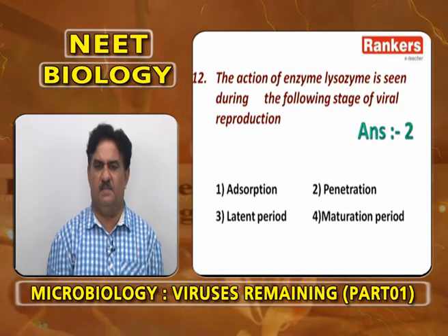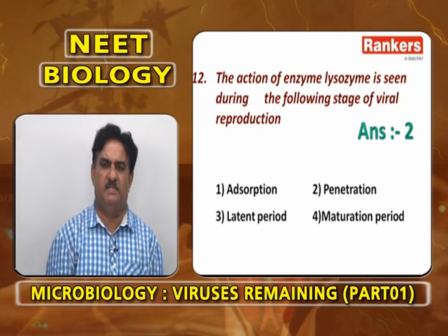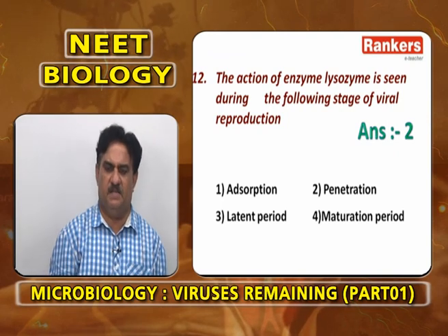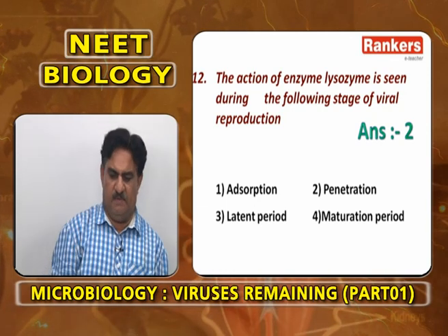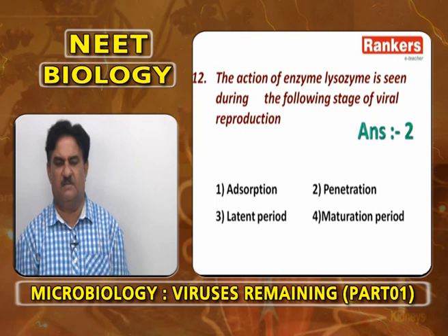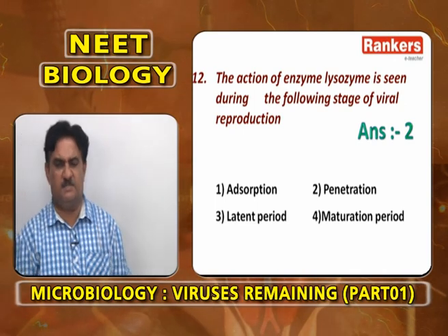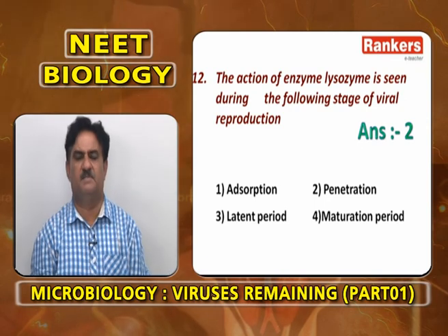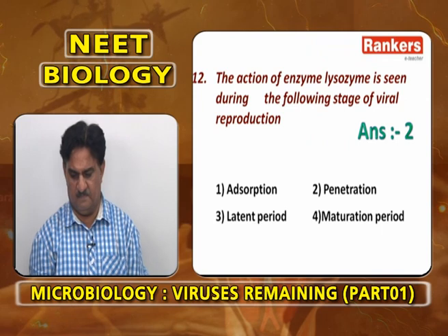Listen carefully, the answer is the maturation stage. The action of the enzyme lysozyme is seen during the penetration stage. For penetration, a small pore has to be made, and that pore is made by lysozyme.